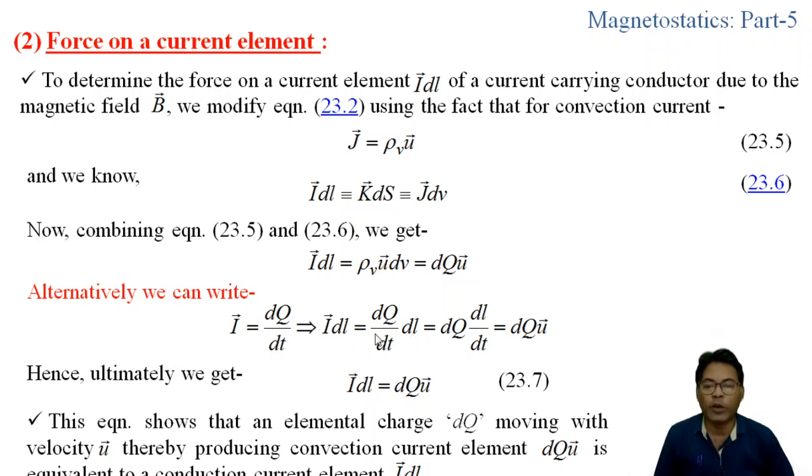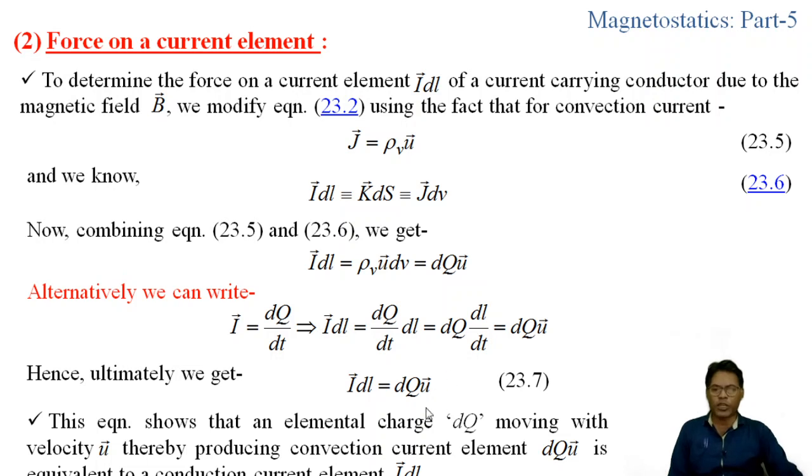Now, keeping dq as it is, dl/dt means the change in length with time, so that is the velocity. So ultimately we have I dl equals dq into u. So we can write equation 23.7, I dl equals dq into u.